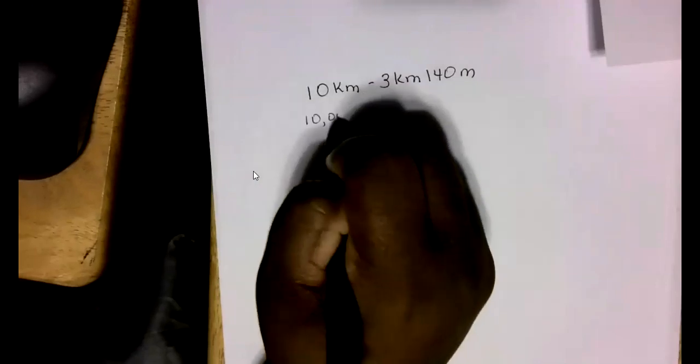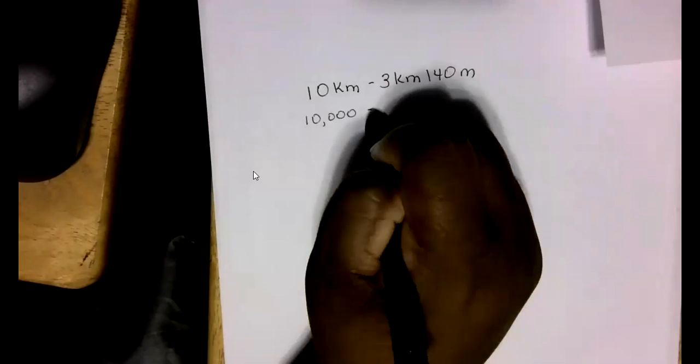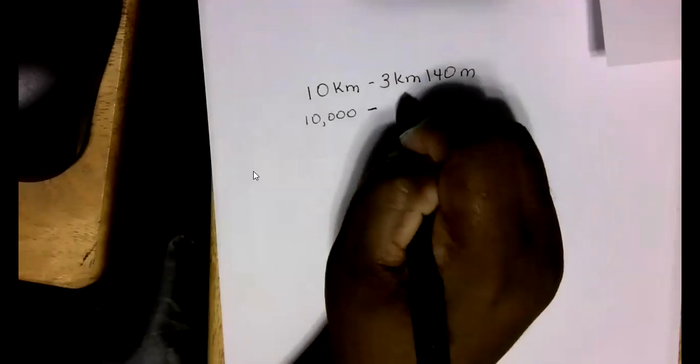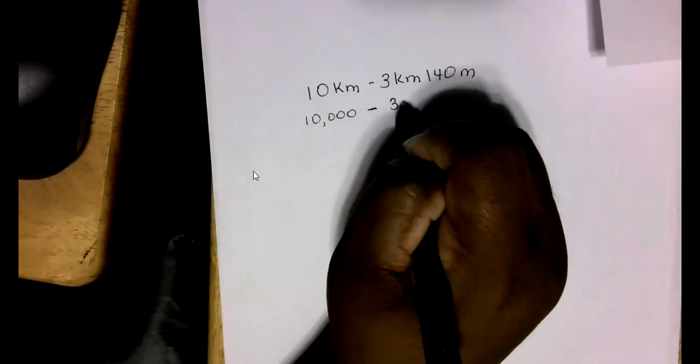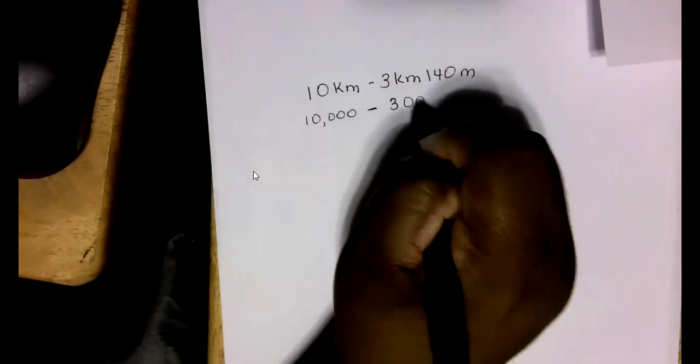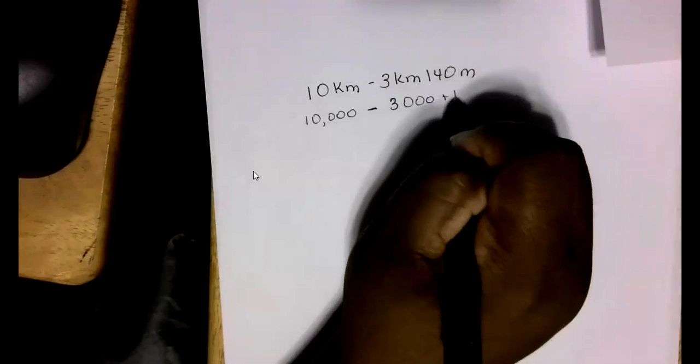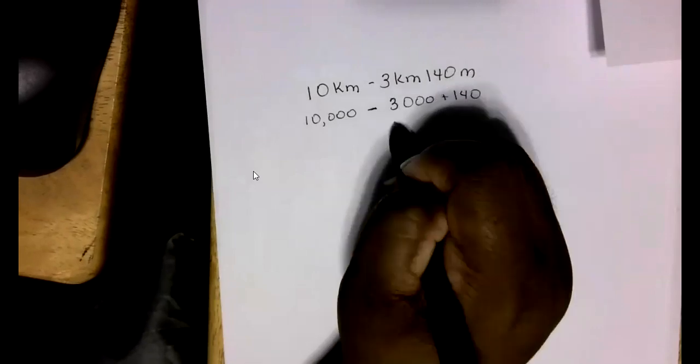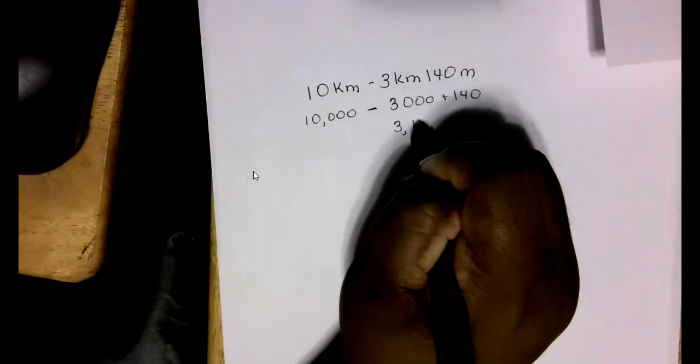So if I have 10 kilometers, I have 10,000 meters. Subtracting 3 kilometers 140 meters, so 3 kilometers is 3,000 meters plus my 140. So that'll give me 3,140.